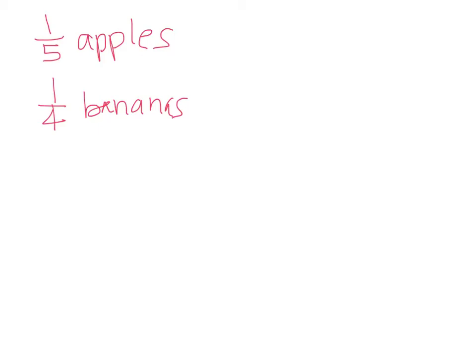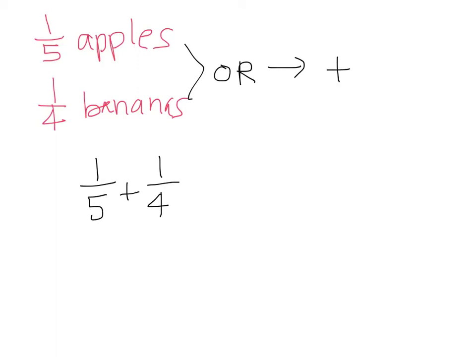Okay, so when you have that "or" in there, what does that tell me? Both of them. You need both of them. So if I need both apples and bananas, what operation am I doing? Addition, correct. So I want to add 1/5 plus 1/4, because they asked for apples or bananas, which tells us that we need to add them together.